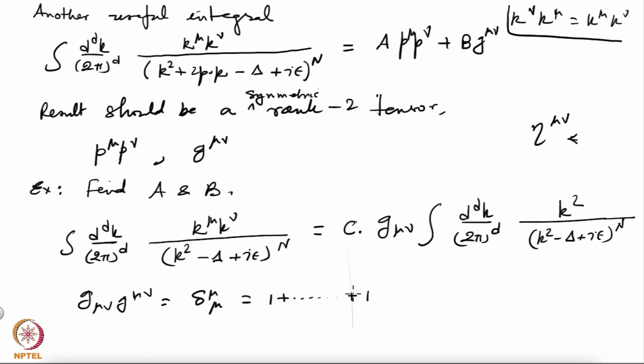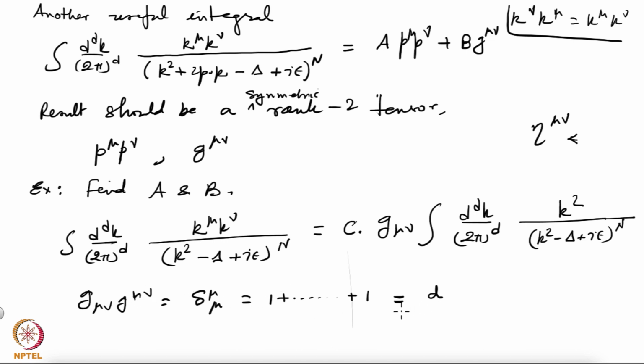So, if d is an integer, then this is just d, and even when d is not integral, it is consistent to define g_{μν} g^{μν} to be equal to d.